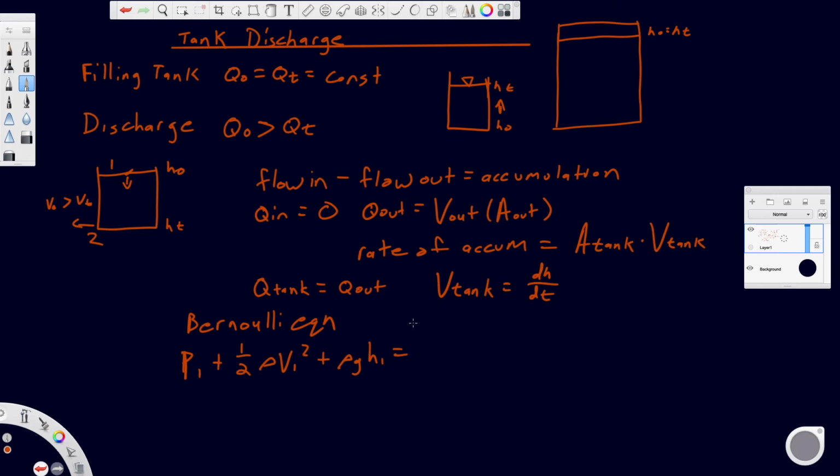You're not going to gain or lose energy, right? It's just going to change form, basically, or how the energy exists. So P2, 1/2 rho V2 squared plus rho g h2, okay? So basically we have pressure, kinetic energy, and potential energy.